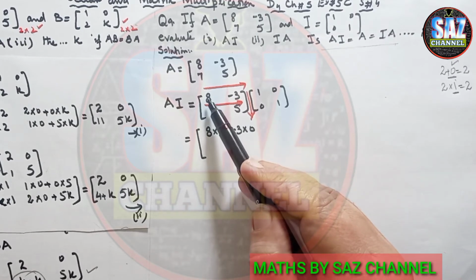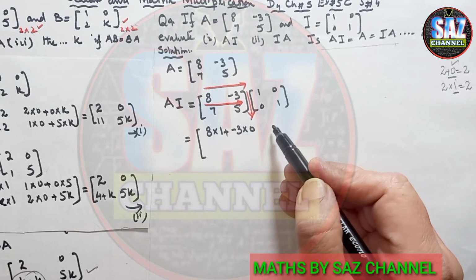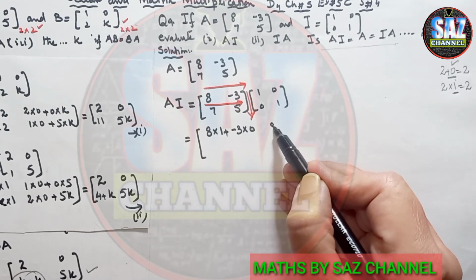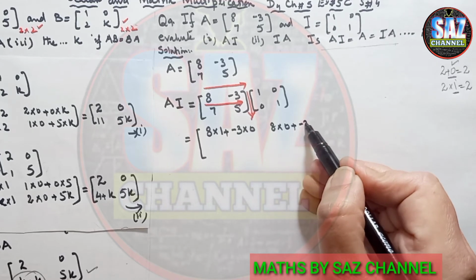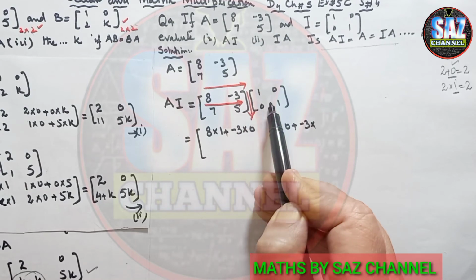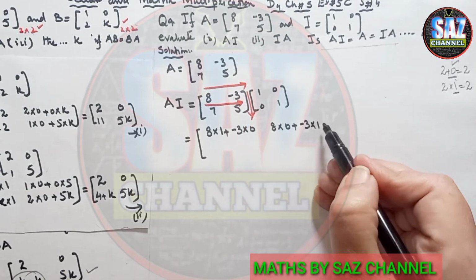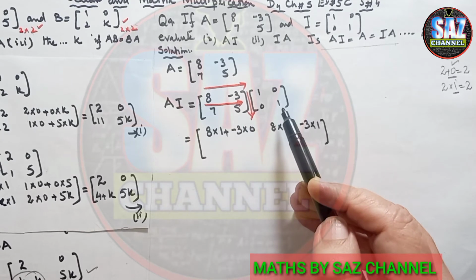Now I have to repeat the first row with the second column of the second matrix: 8 will be multiplied by 0 plus minus 3 will now be multiplied by 1. Okay, and close the bracket. Now the first row with both the columns is done.